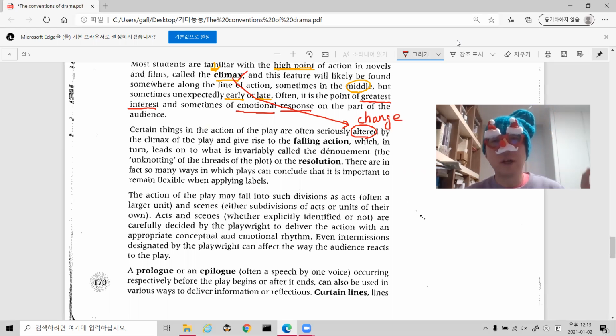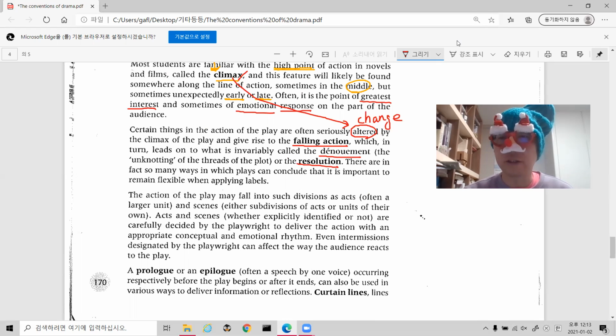After the climax, the story changes and approaches a falling action. Everything starts to settle down. All the questions and conflicts start to settle, and the story starts falling down, preparing for the conclusion, preparing for wrapping up the story. Which in turn leads to what is invariably called the denouement or the resolution.